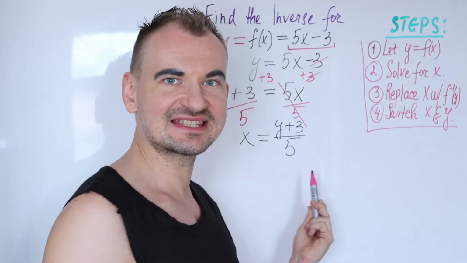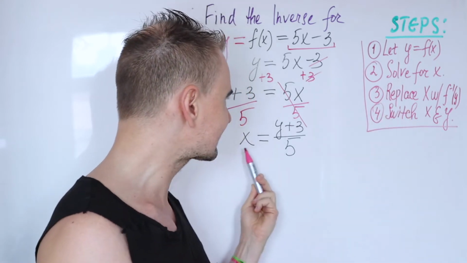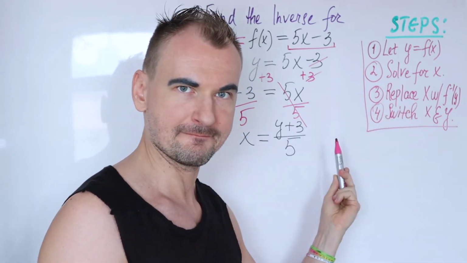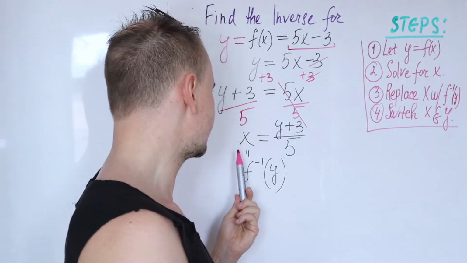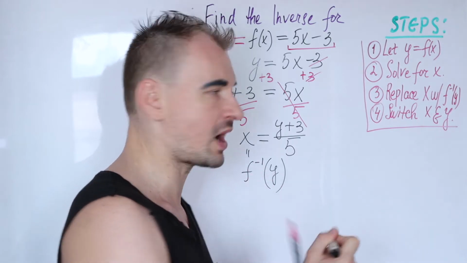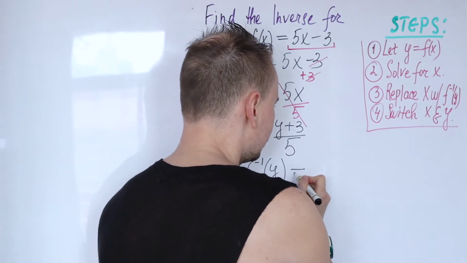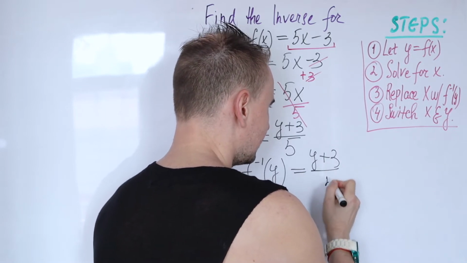And the second step is completed. So we get our x in terms of y. The next step, you want to replace your x with f minus 1 of y equals y plus 3 over 5.